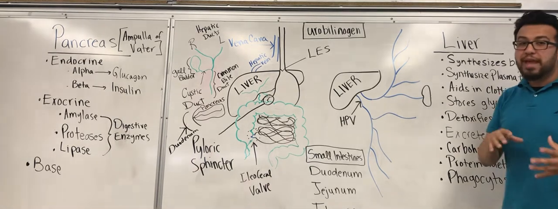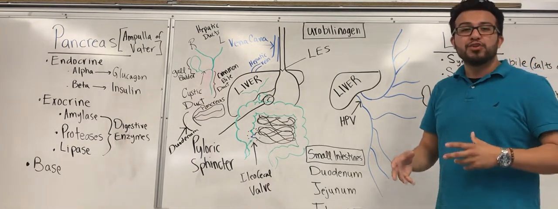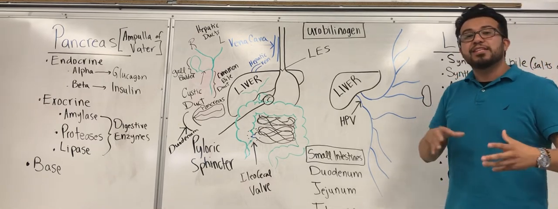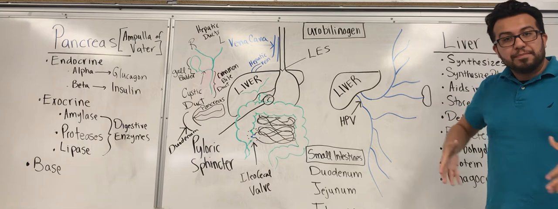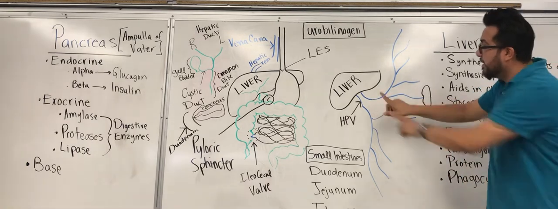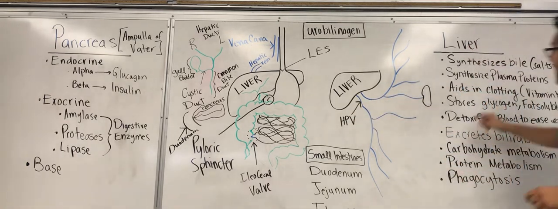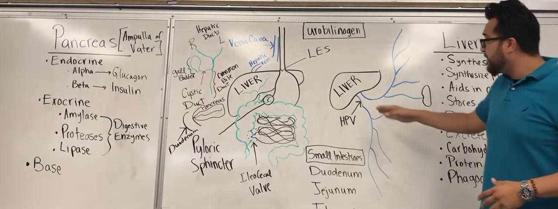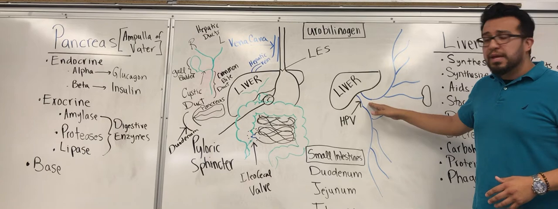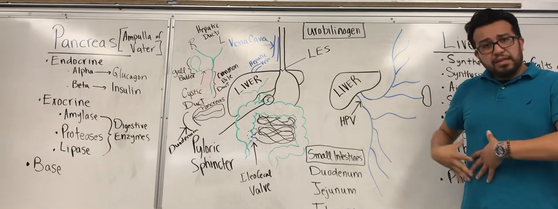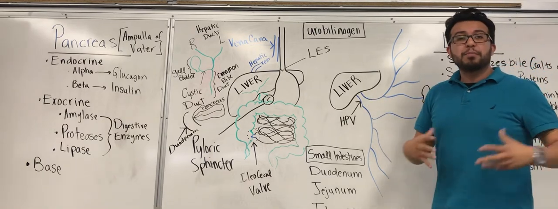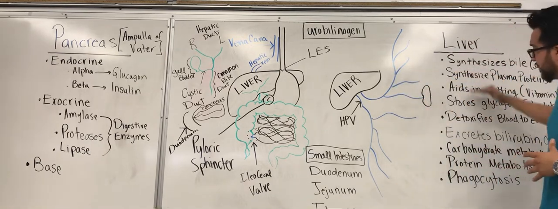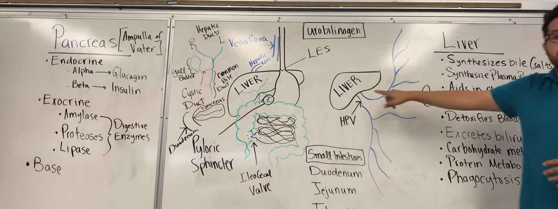You cannot. If you can't create your albumin, you can't maintain oncotic pressure. That means you can't dictate where fluid goes. And this is what contributes to ascites. Because the pressure inside pushes the fluid out, you don't have the plasma proteins to keep the water in check, and you develop ascites. You develop hepatic portal hypertension. And because of that, the liver ends up getting big, hepatomegaly. So you have a whole course of disease processes that can develop simply because the liver is not functioning well.